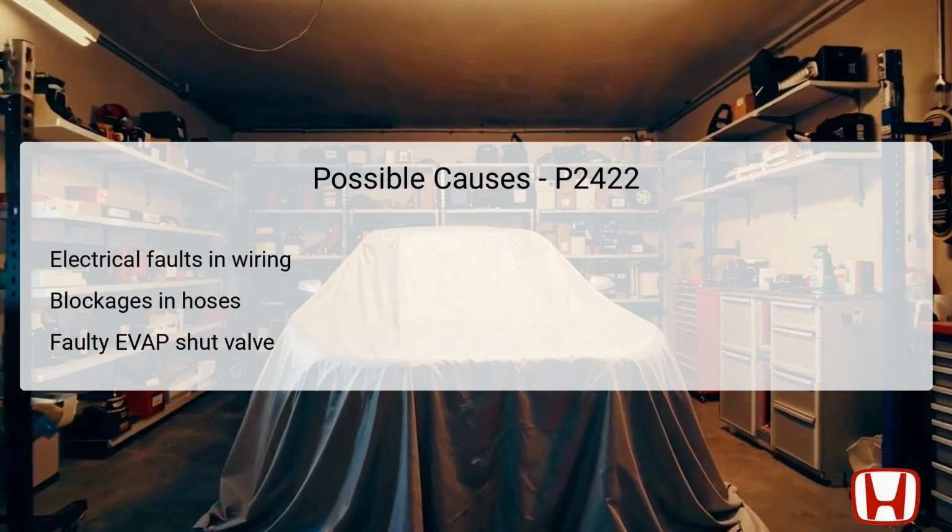Wear and corrosion can impede its movement, causing it to stick closed. Furthermore, a malfunction within associated sensors, such as the fuel tank pressure (FTP) sensor, could misread parameters, leading to false DTC readings. Thus, it's essential to examine each possible cause meticulously during the troubleshooting process.